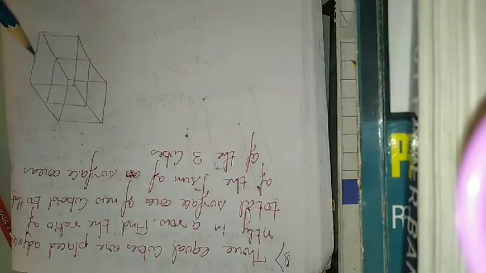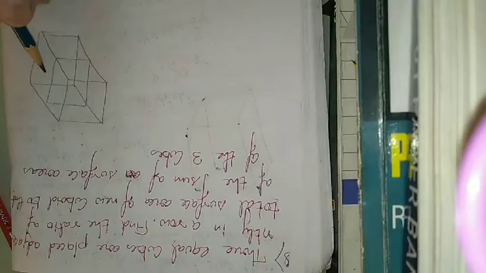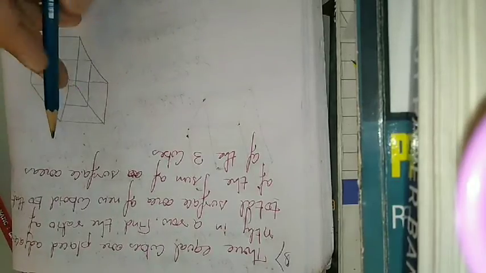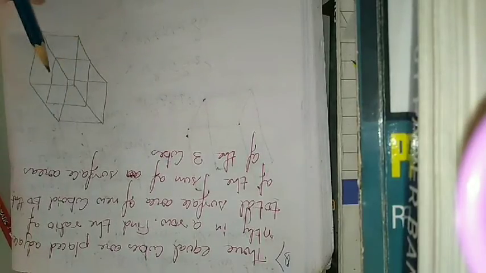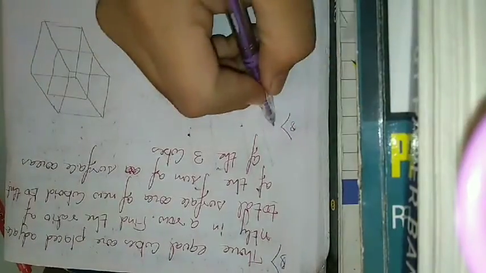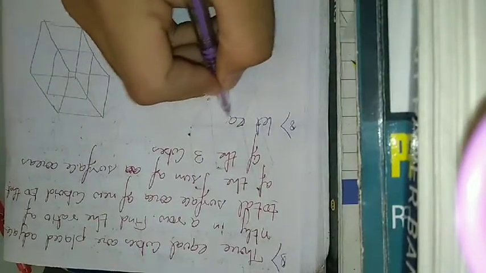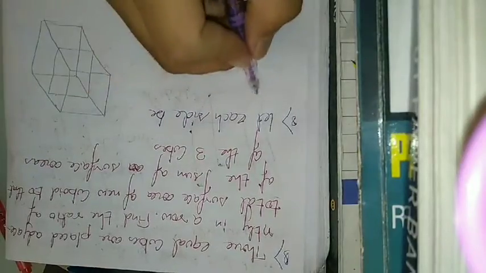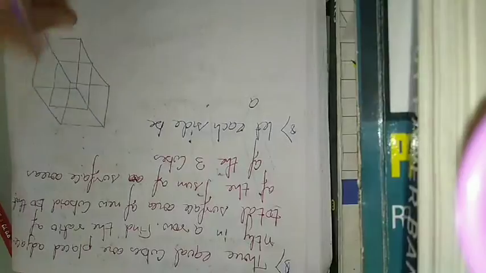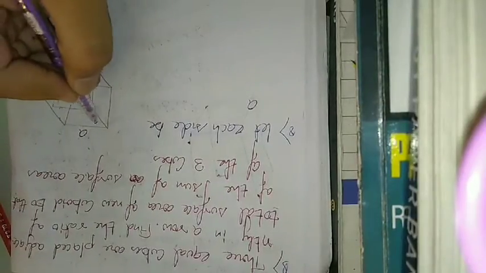Three equal cubes like this are placed. Now they're asking to find the ratio of the total surface area of the new cuboid. So let's talk about the new cuboid. These are 3 equal cubes, so let each side be a. Okay, so everything is a.